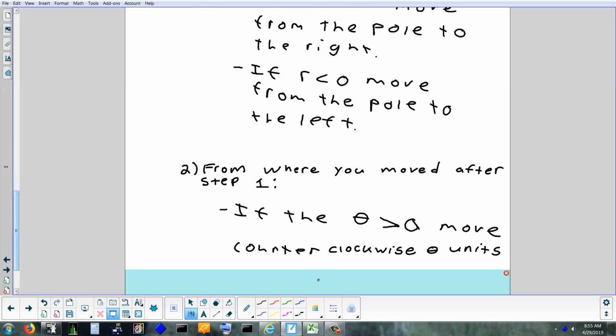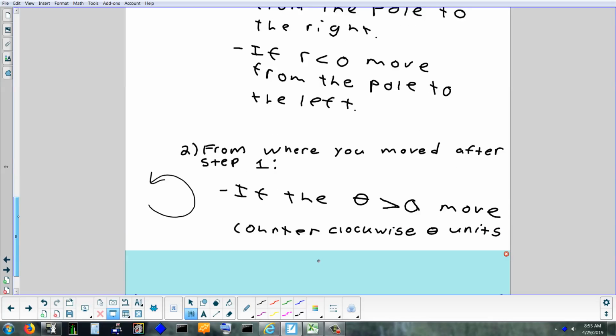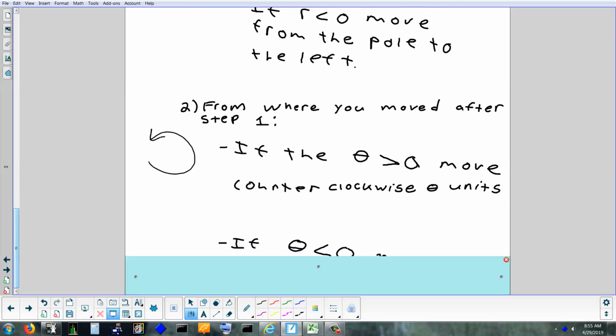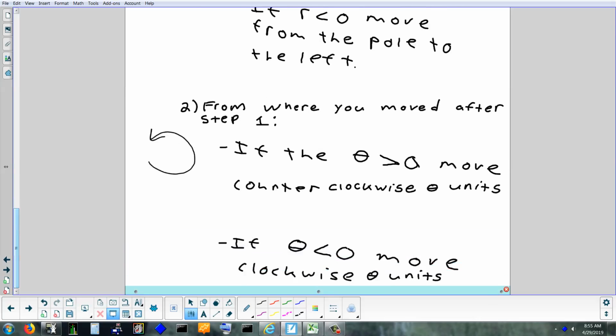If your angle is positive, if it's bigger than 0, you're going to go counterclockwise. Counterclockwise is this way. If the angle is negative, if it's less than 0, then you're going to go clockwise. That's that way.